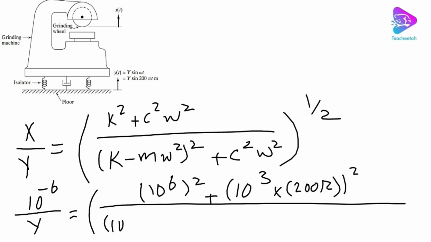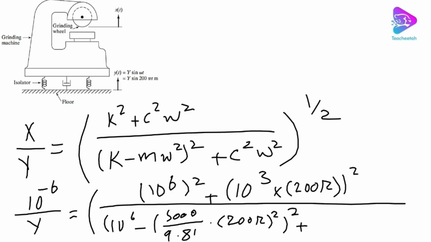Let me just plug in the numbers one by one. For mass we need to divide the weight by 9.81 g, times omega 200 pi squared. And remember, the frequency must be in radians per second, plus 10 to the power of 3, C, times 200 pi squared, right? And the whole thing to the power of half.